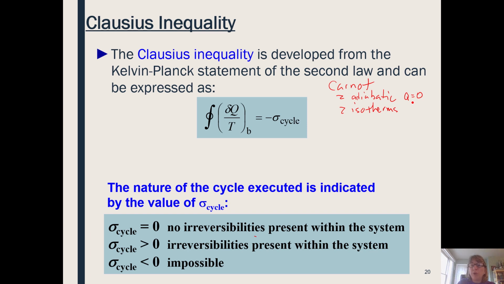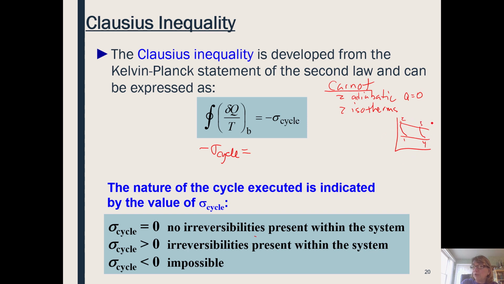And so when we look at calculating our sigma cycle, our Clausius inequality, for our Carnot cycle, for example, if we draw our Carnot cycle for a gas, I'm going to try to draw this, right, 1, 2, 3, 4, and 1 to 2 is adiabatic and 3 to 4 is adiabatic.